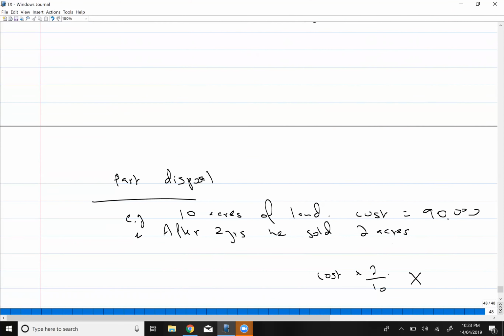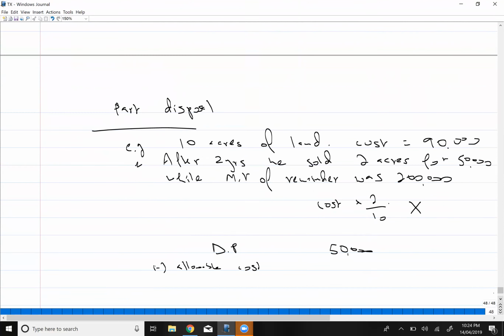After 2 years, he sold 2 acres for 50,000, while the market value of the remainder was 200,000. So 2 acres was sold for 50,000, so DP will be 50,000.